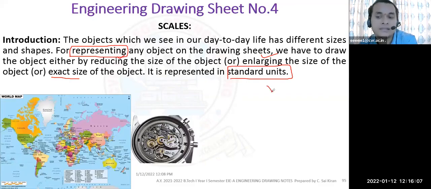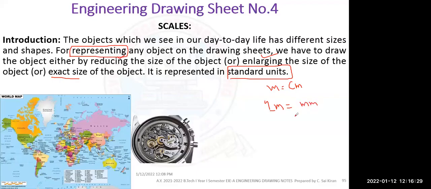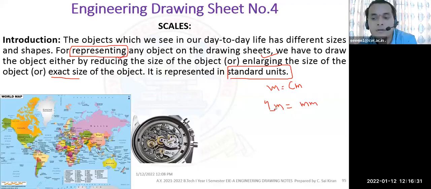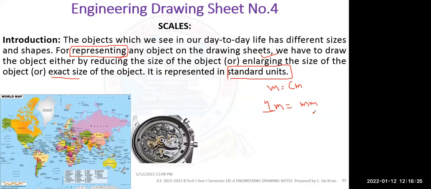If I'm taking meters, meters can be converted into centimeters. If you are converting meters into feet, you have to use another formula. Can anyone tell me, 1 meter equals how many millimeters? 1000.